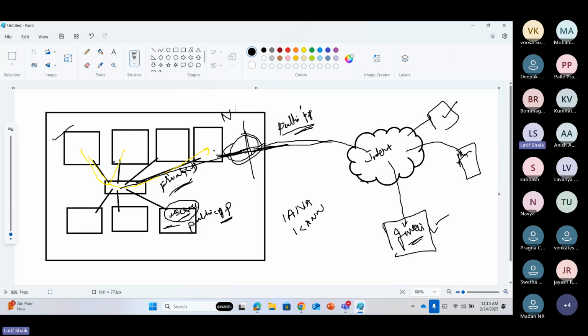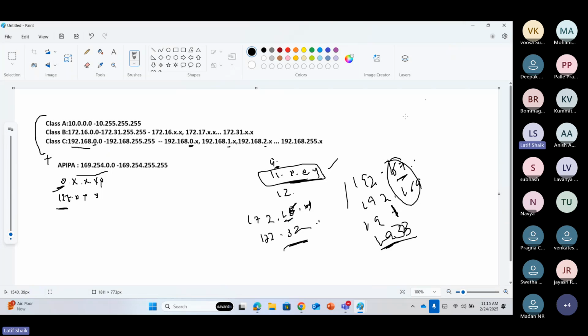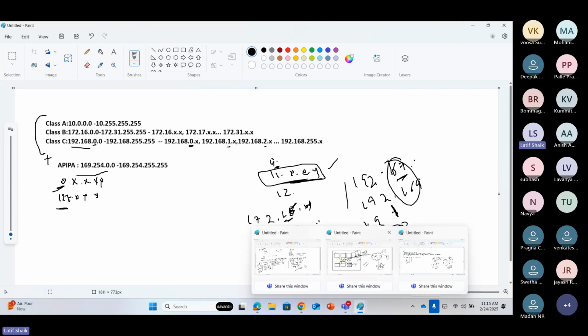There is a technique called NAT and PAT: network address translation, port address translation.